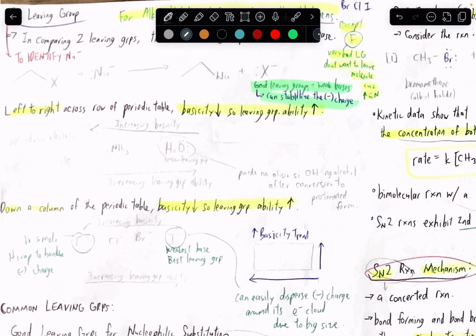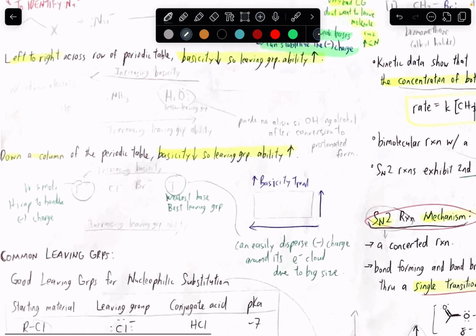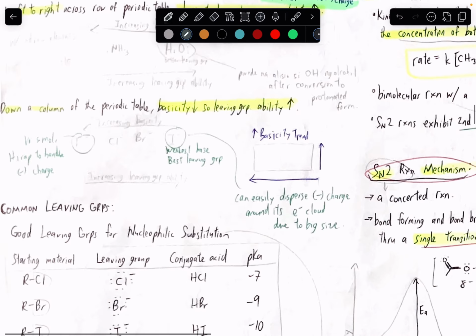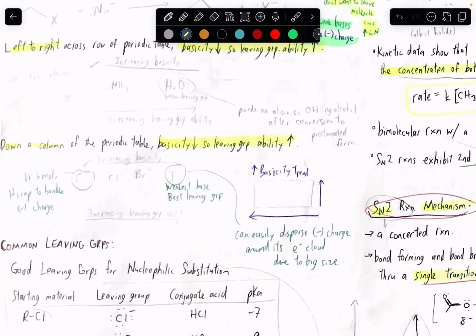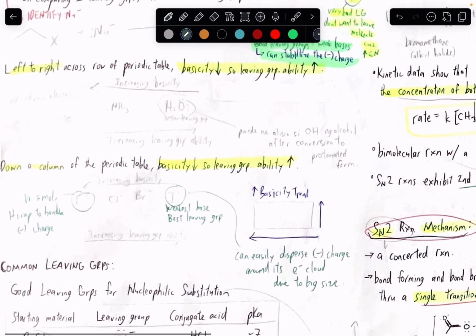Okay? So, down a column of the periodic table, basic strength decreases. So overall, it's shown here. Basicity trend. So if electronegativity is going up to the right, basicity is going up also, but to the left.